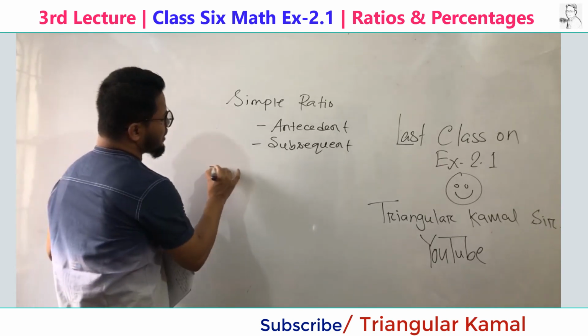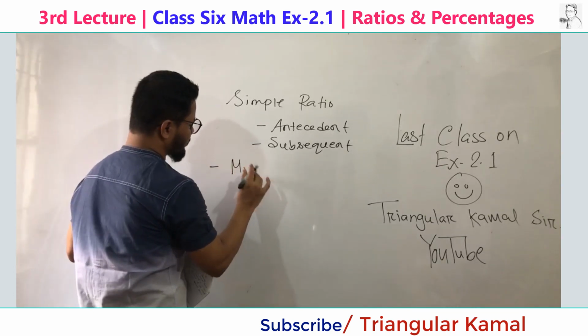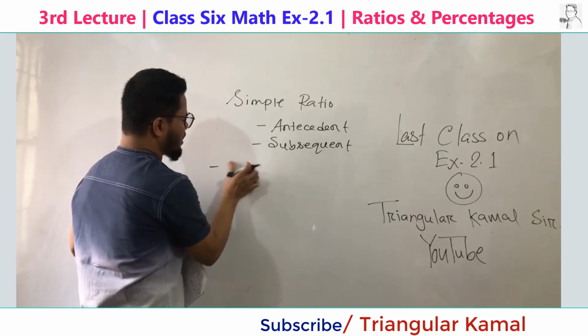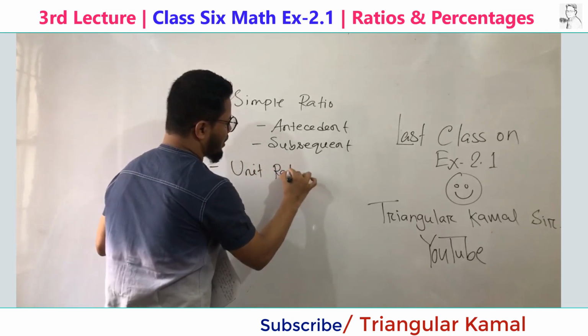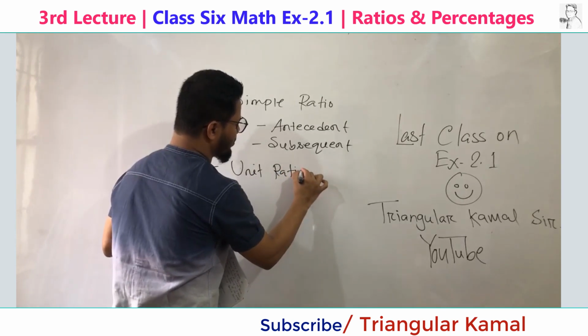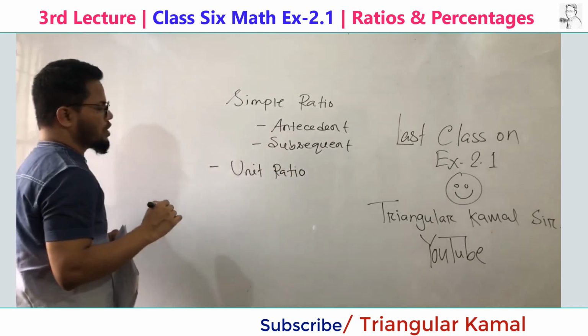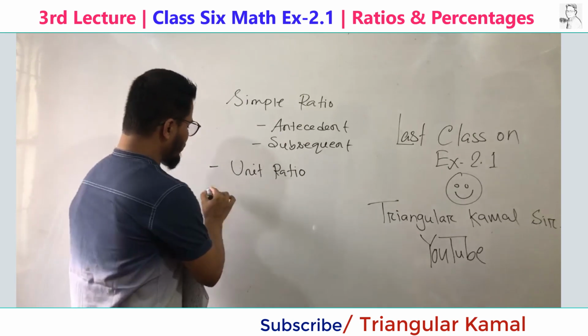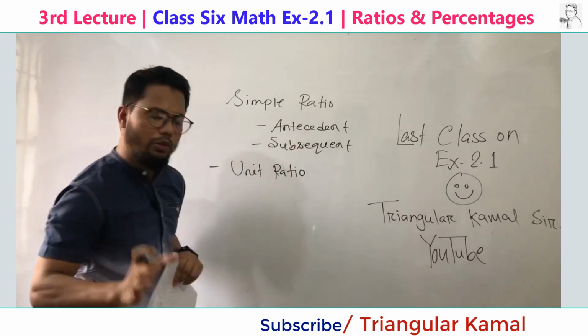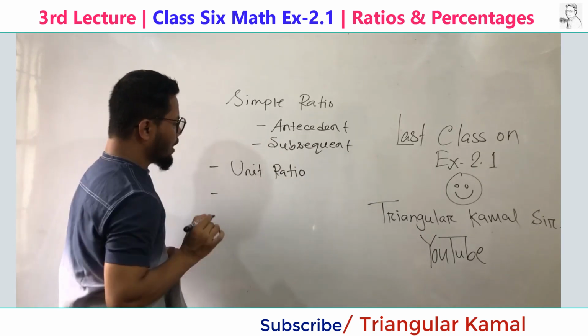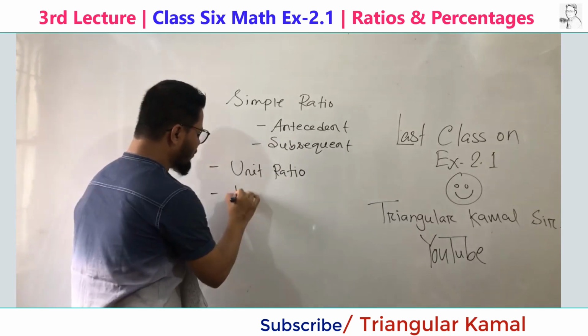Then we started mixed ratios. Then there was another one, the unit ratio. Today we will do one math problem related to the unit ratio. With the unit ratio, the antecedent and subsequent are both the same. Then we have done inverse ratios.